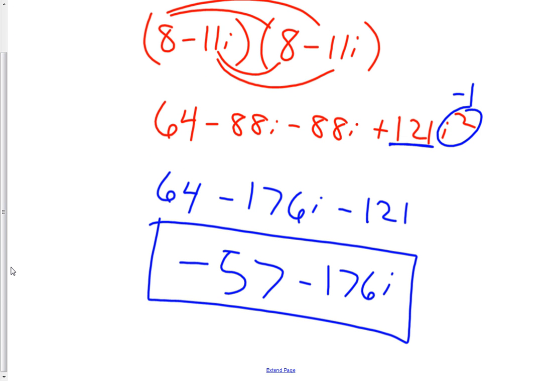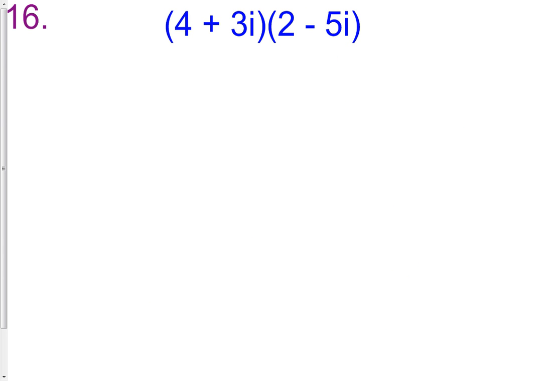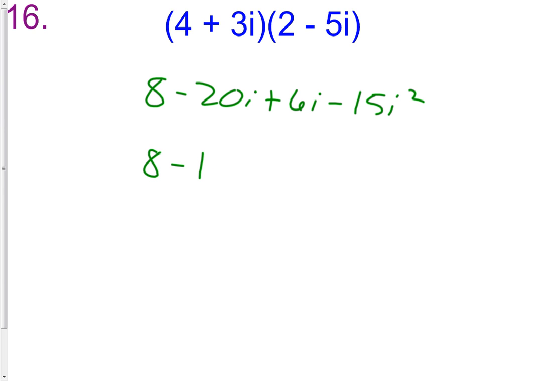Why don't you guys pause the video and try number 16 and 17 on your own. Here's what you should have got for 16. When you FOIL, you get 8 minus 20i plus 6i minus 15i squared. So then you get 8 minus 14i plus 15, because a negative 15 times a negative 1 is a positive 15.